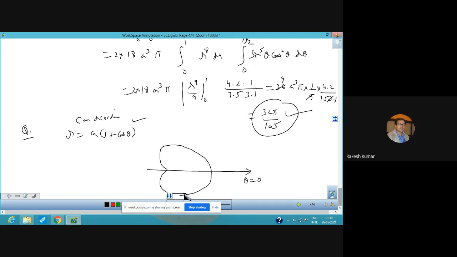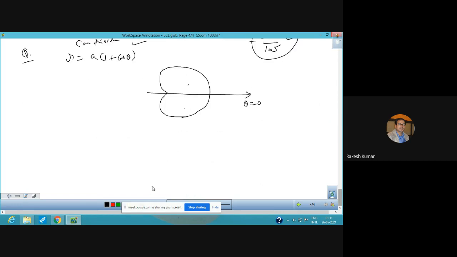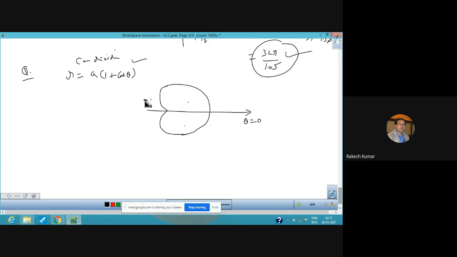Now the volume is always symmetrical, meaning the upper half and the lower half have the same volume because the shape of the cardioid is symmetrical. Now you can plot the vertical axis also. This is the horizontal axis and this is the vertical axis, at which theta is equal to pi by 2.